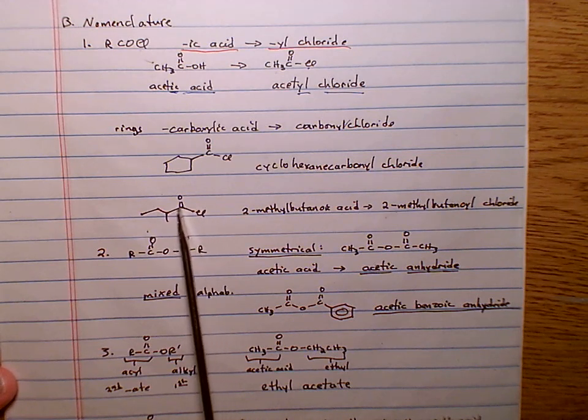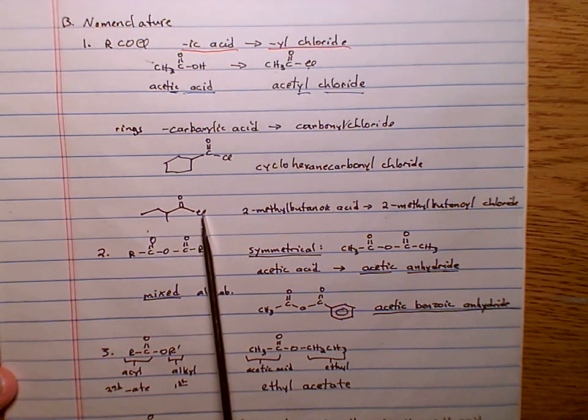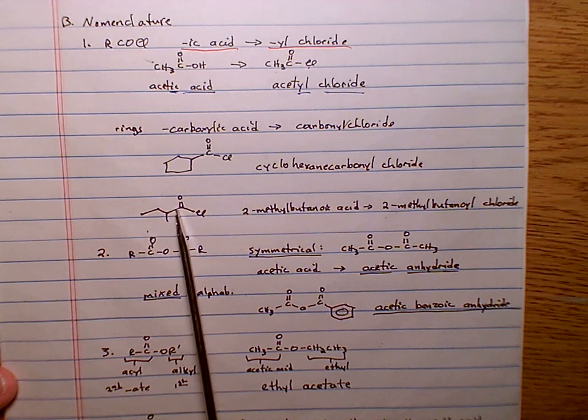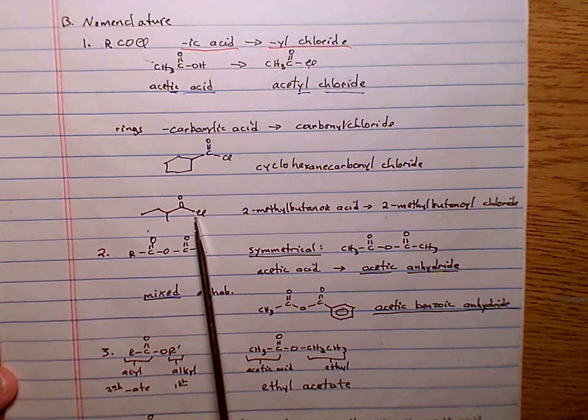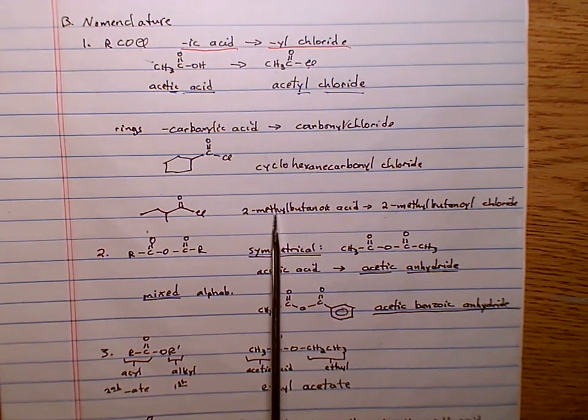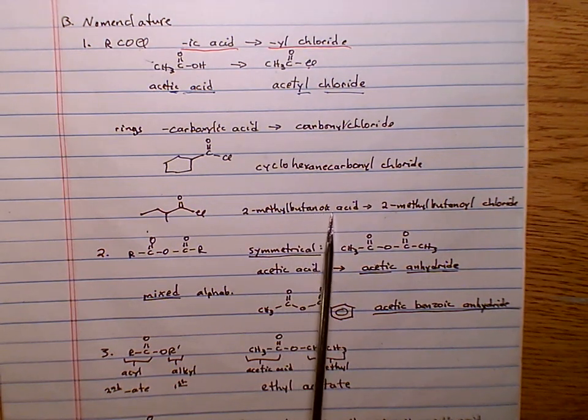So what if we were naming this one down here? Well, if this were an OH, it would be 2-methyl-butanoic acid. We drop the ic acid, but note we keep the O. This was 2-methyl-butanoic acid.